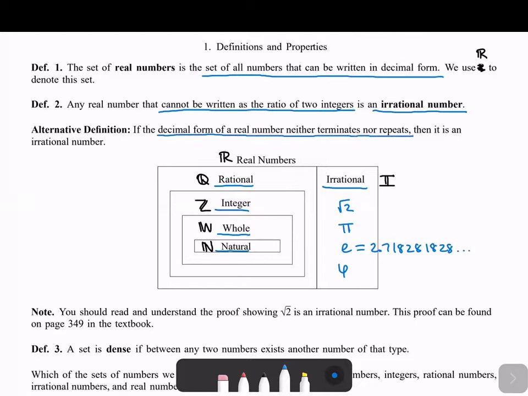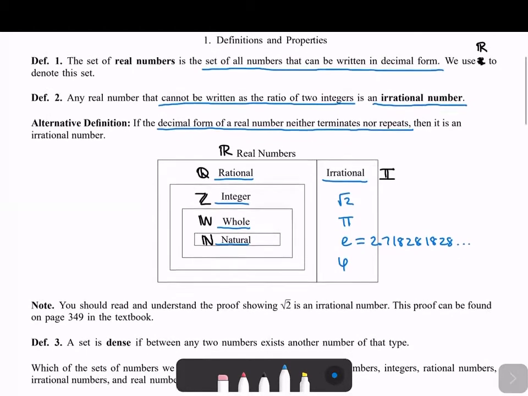If we have P or Q, terminating or repeating, sorry, not the converse, the negation is not P and not Q: not terminating and not repeating. A lot of times in English, when we say not and not, we say neither nor. It's just a common way to say that in English. So we have this relationship.